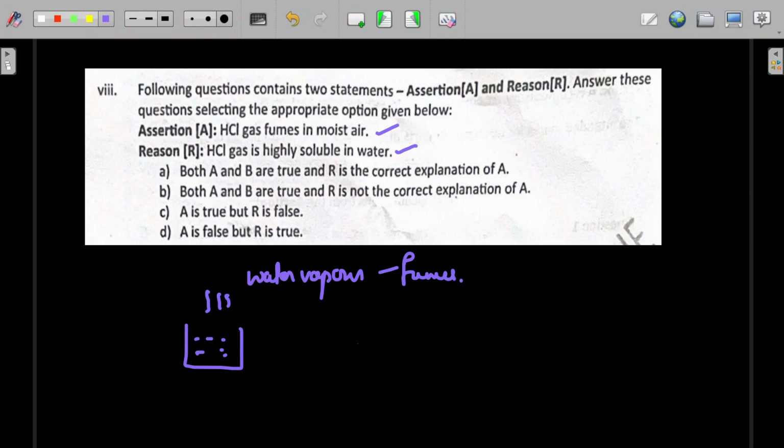Second point, HCl gas is highly soluble in water, which is correct, but that is not the explanation for the assertion. So both A and R are true, but R is not the correct explanation. The correct explanation is that HCl gas dissolves in the water vapor present in the air. So for this one, it is B.